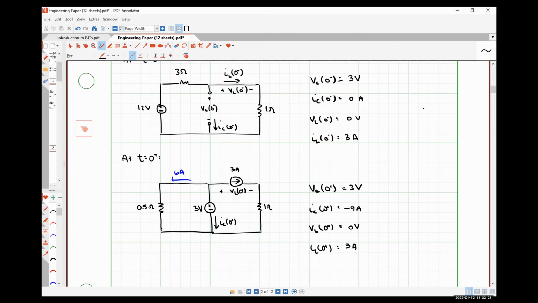All right, let me ask you guys a question. My ultimate goal in this problem, as I outlined at the very beginning, was to determine the capacitor voltage as a function of time. Is that correct? Okay. The second order differential equation that we developed was in terms of the inductor current. Is that a problem?